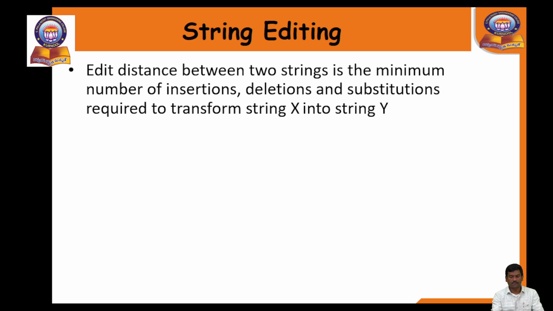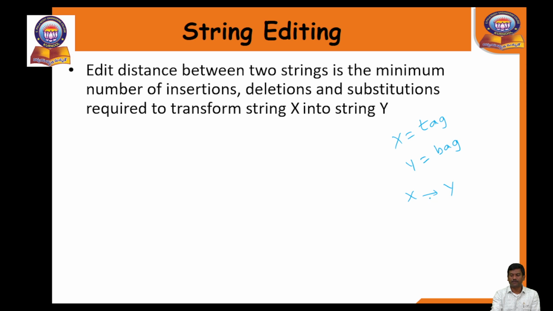For example, consider x equal to something like tag, and y equal to something like bag. You need to transform x into y with the minimum number of edit operations. What can be the possible edit operations?